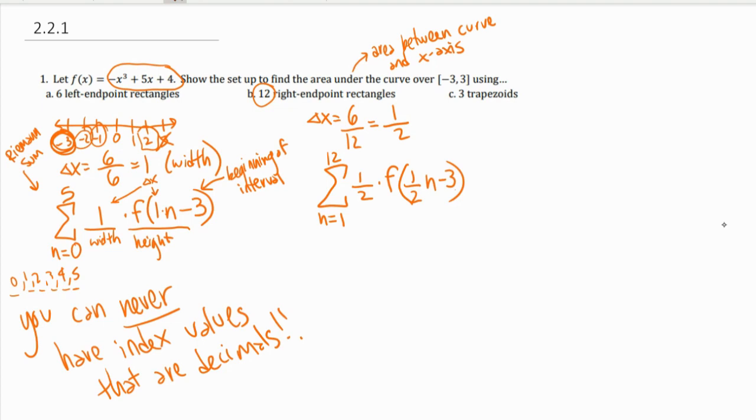The reason why this works is if you plug in 1, you get 1/2 times f of 1/2 minus 3, which is -2.5.